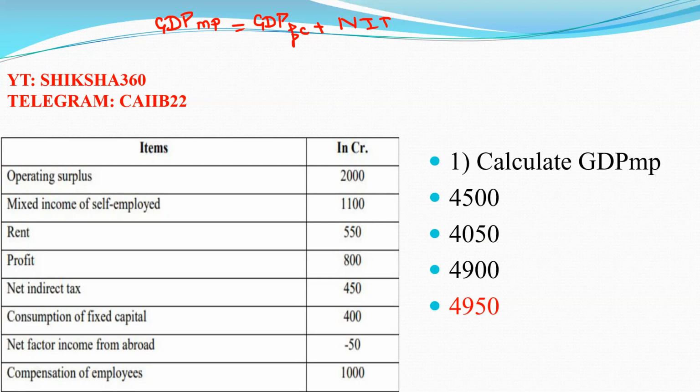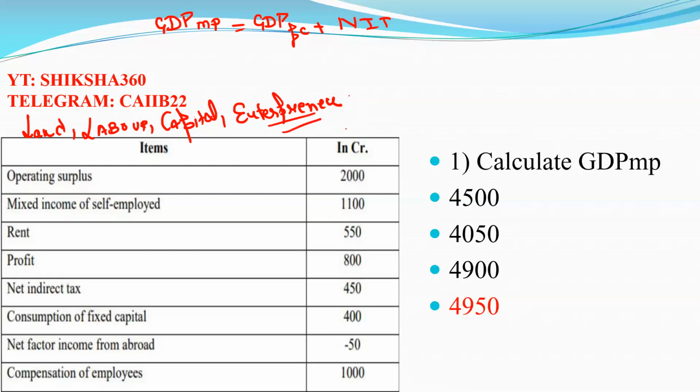The factors of production in the factor cost are land, labor, capital, entrepreneur. All these things are there.